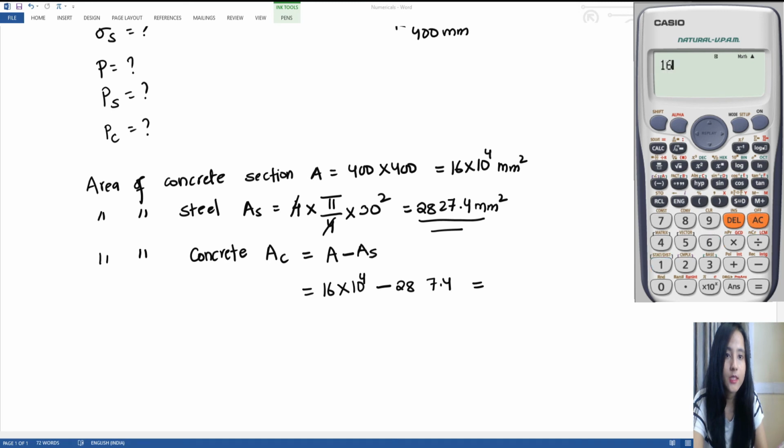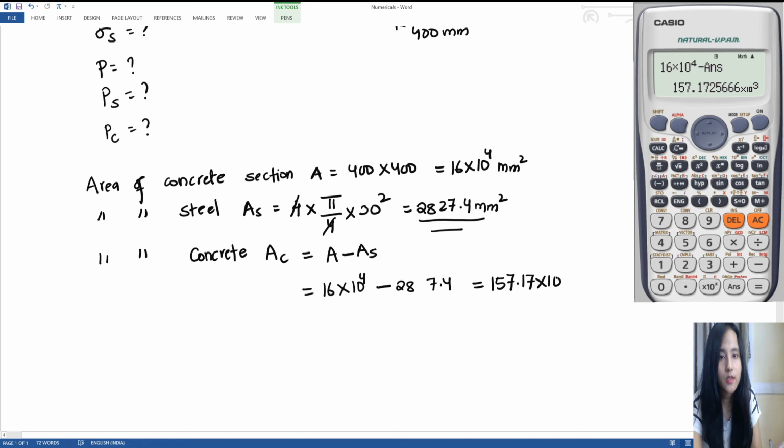So if I just do this, it is coming 157.17 into 10 raised to power 3 mm square. So this is the area of concrete.